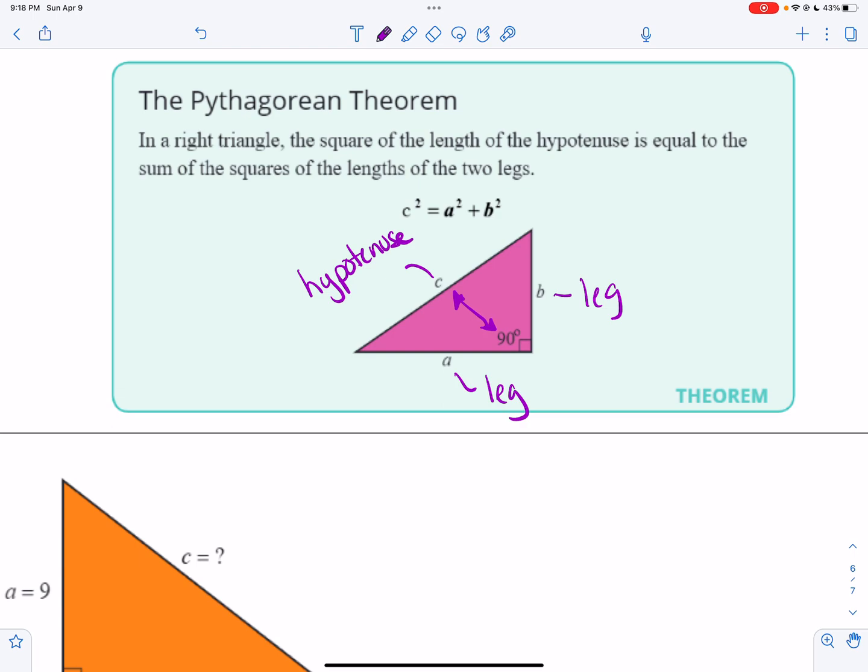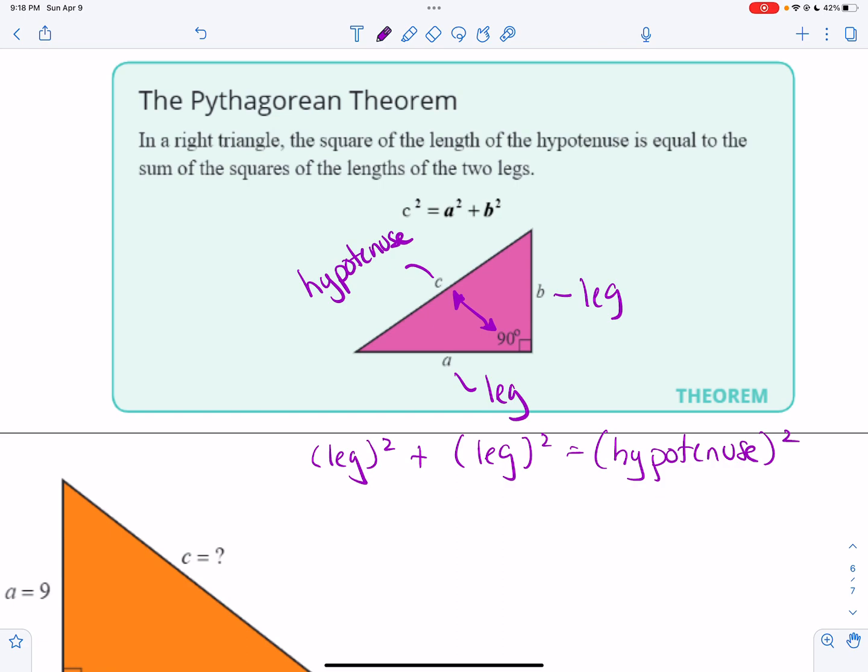So what I always tell students here is that there's an easier way to do this. We can substitute this in, but we could write a formula where we have a leg squared plus a leg squared is equal to the hypotenuse squared. And so then we can make a kind of shortcut so that we don't have to do any solving.